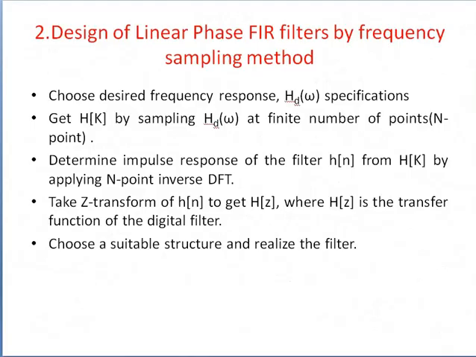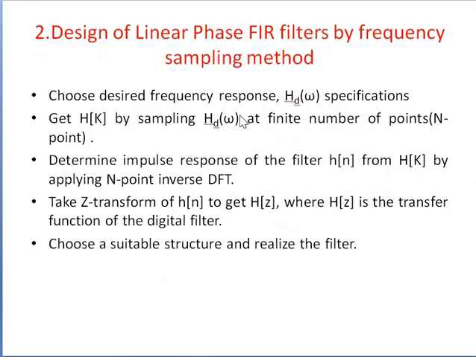So the second method, what is that? Design of linear phase FIR filters by using the frequency sampling method. So here also, first choose the desired or ideal frequency response HD of omega. Now from HD of omega find the H of k. This is nothing but the sampled version of HD of omega.